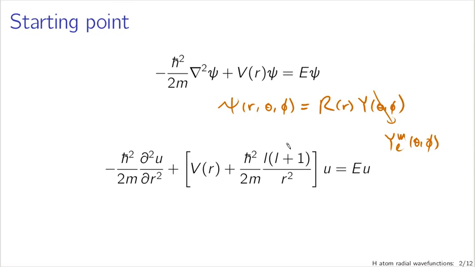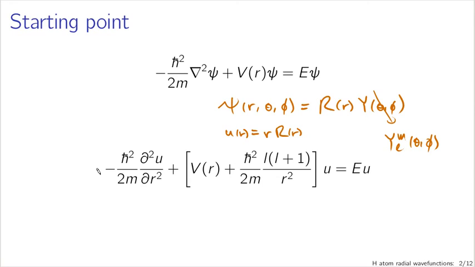And if we make the substitution u is equal to r times R, I should write it the other way around, r the coordinate times R the function of r, so this is now u as a function of r, we ended up with this as our radial equation as a result of separation of variables. You can see this in the previous lecture on the discussion of the time-independent Schrodinger equation expressed in 3 dimensions.